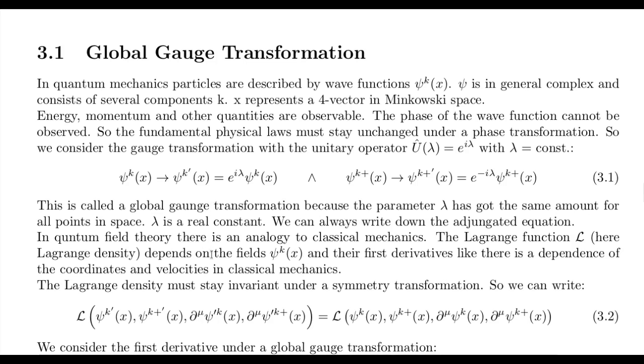Then the Lagrange function L, or here the Lagrange density function, depends on the fields and the derivatives of the fields, because here we have as the generalized coordinates the wave functions and the first derivatives.